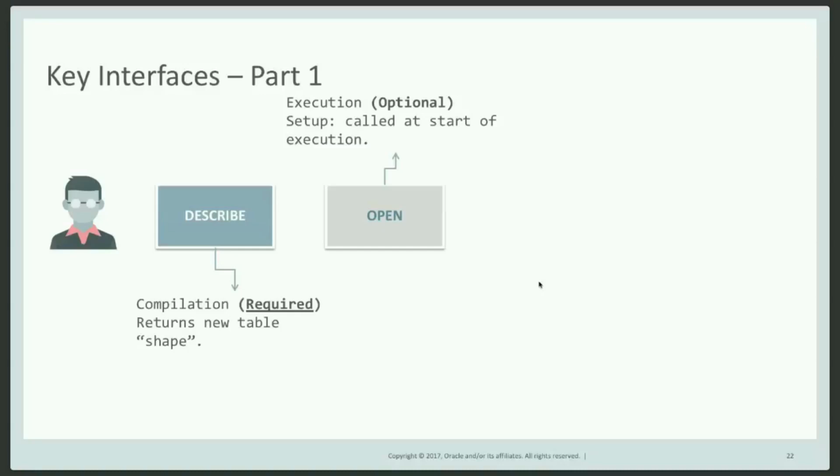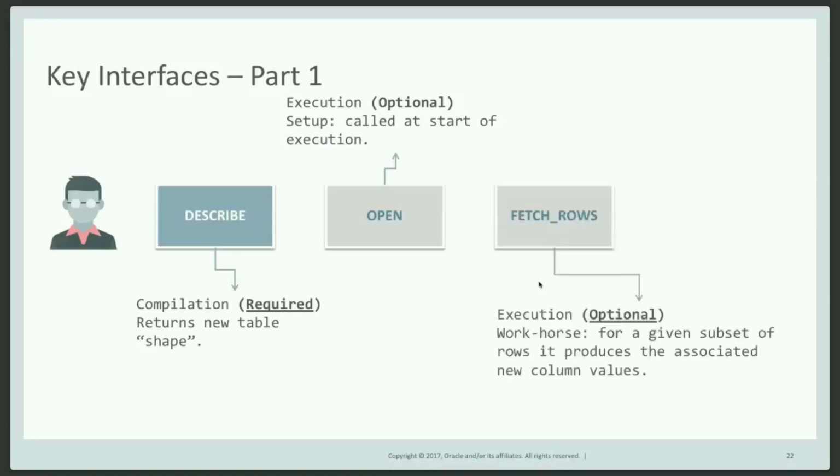The open is the next part. It's optional. You obviously don't have to do any processing at that point, but this is just the setup space before you get to the actual processing part. The workhorse where all of your business logic is going to be applied is in the fetch rows section. So this is where you're going to start working on the subset of columns and rows that you've got.